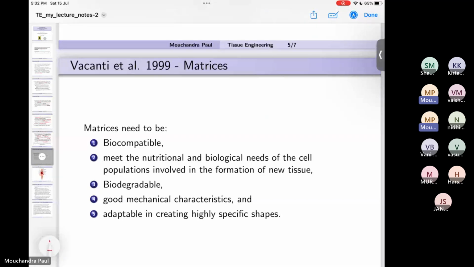So while you are choosing a material for making a substrate and for making a scaffold, you need to make sure that that material is biocompatible. So biocompatible means it should not be toxic to cells, all right. It should allow the cells to do their intended function, or overall it allows your product to do the intended job that you made.